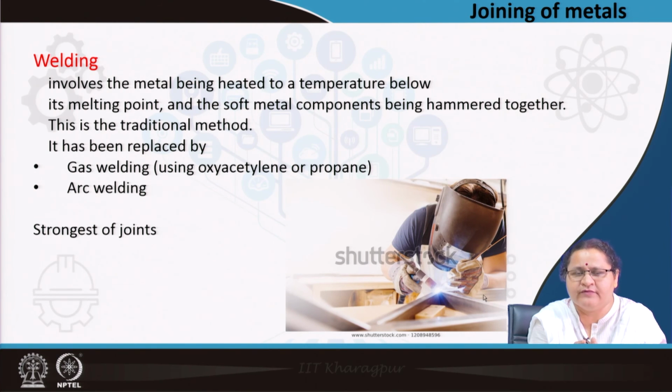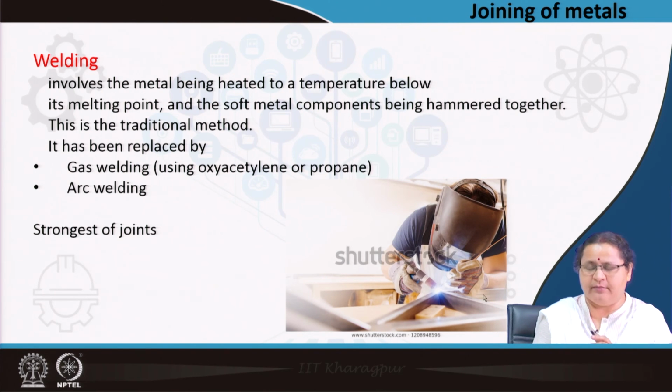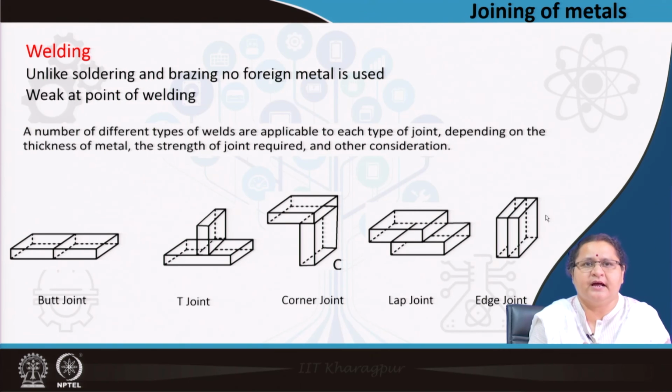There are modified or easier methods of welding, such as gas welding and arc welding. Here you see the person wearing a mask and doing the welding. There are different types of welding. See the butt joint and T joint.